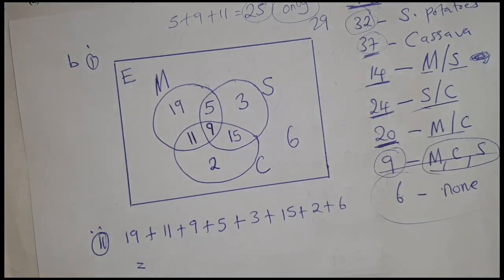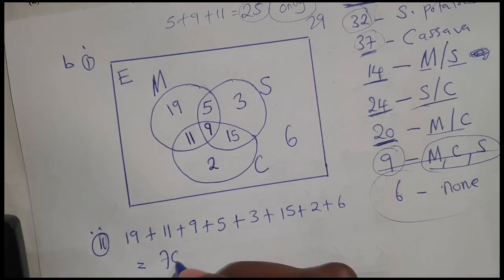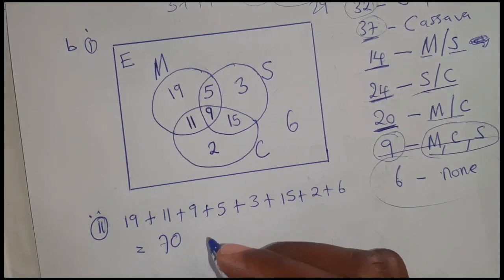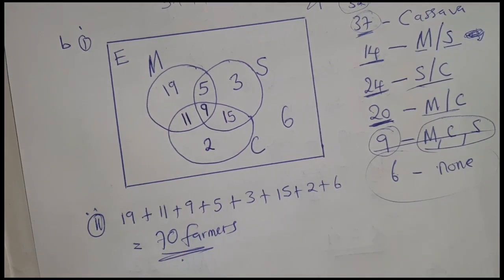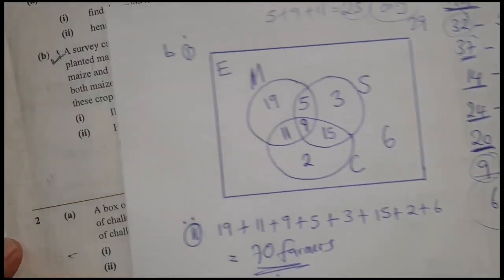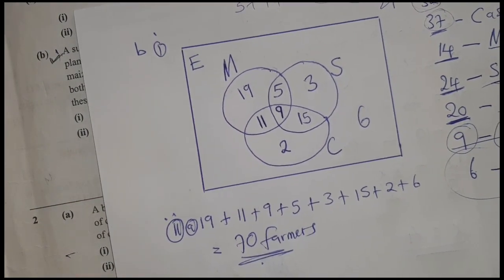So everything there will give us the total number of the farmers that were at this farming block. So 19 plus 11 plus 9 plus 5 plus 3 plus 15 plus 2 plus 6, we are having our answer as 70 farmers. Okay, this is question Roman numeral 2A.